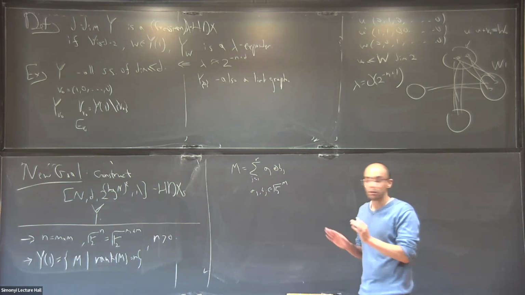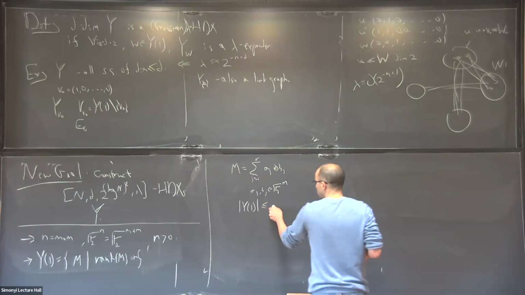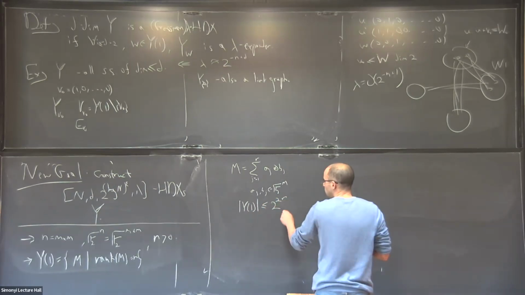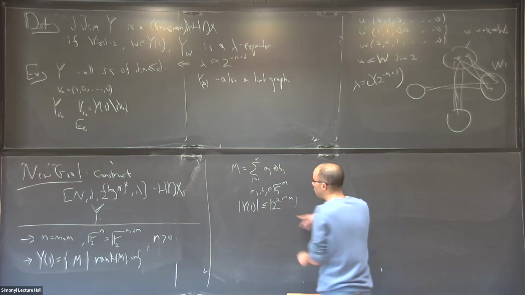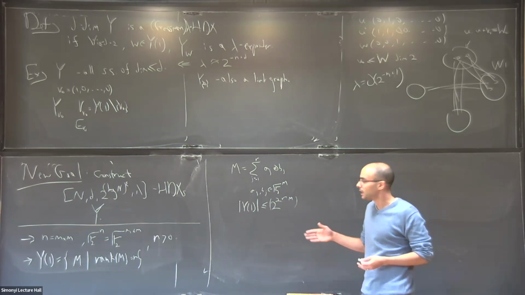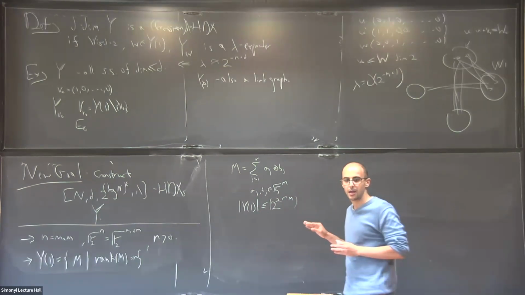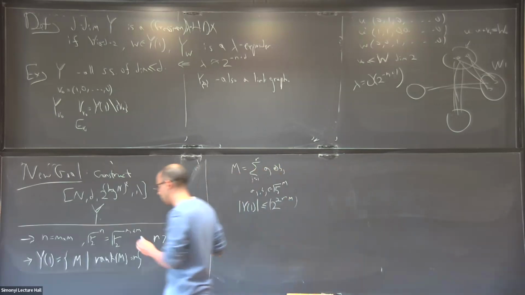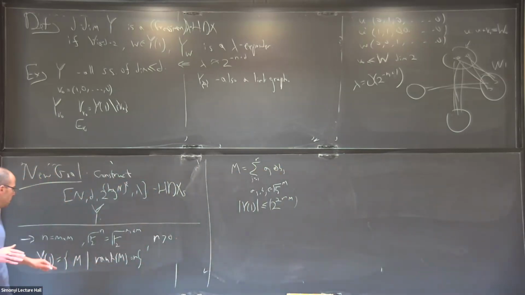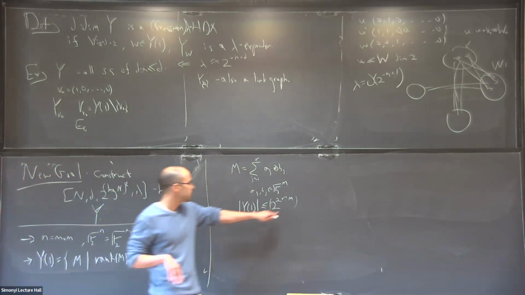And so the number of lines is upper bounded by 2 to the 2rm, because I need to tell you 2r vectors of size m to tell you the matrix. And in fact, this is an upper bound because some of them will be less than rank r, but it's also tight, at least asymptotically.